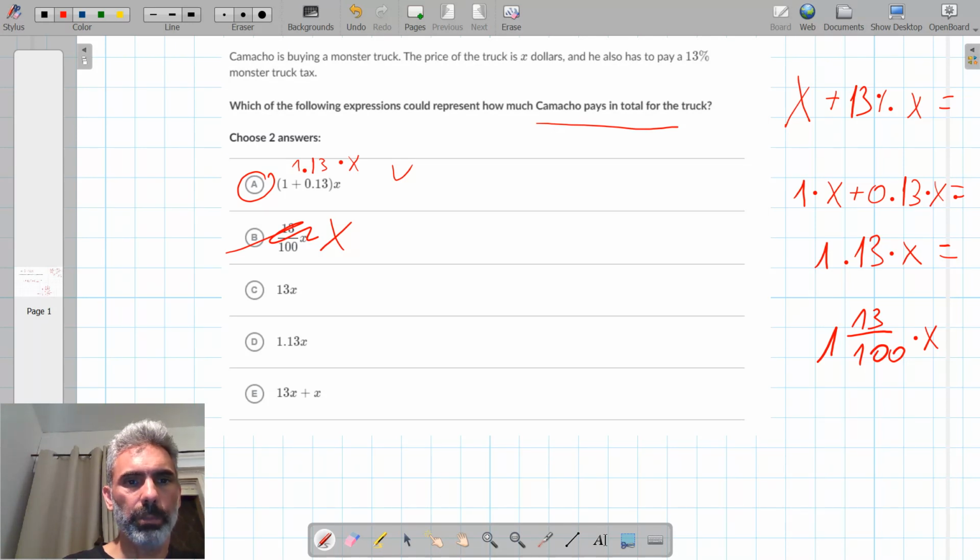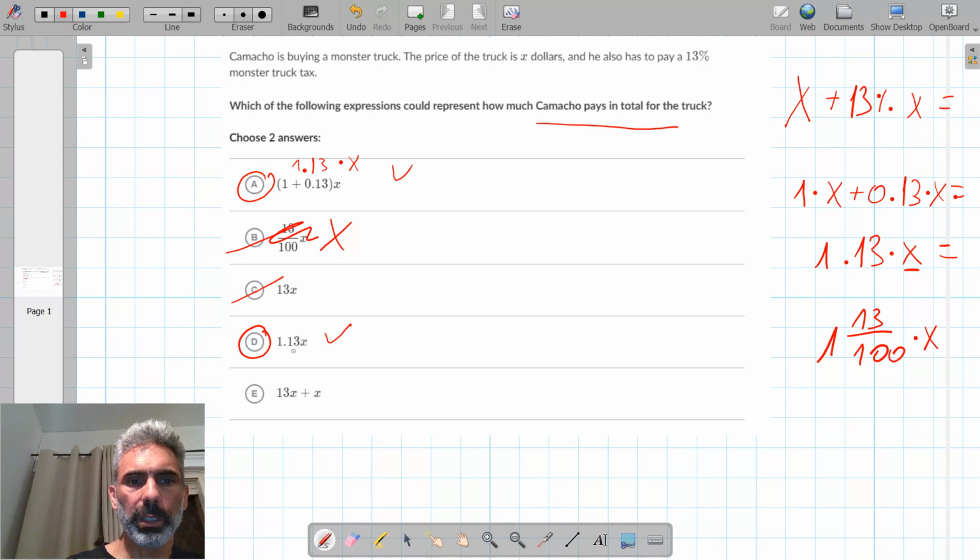13x is not correct because we don't multiply the price of the truck times 13. We multiply the price of the truck times 1.13. So C is incorrect. Okay, D is good, because 1 represents 100% of the original price, and 0.13 is 13%, which is the tax.